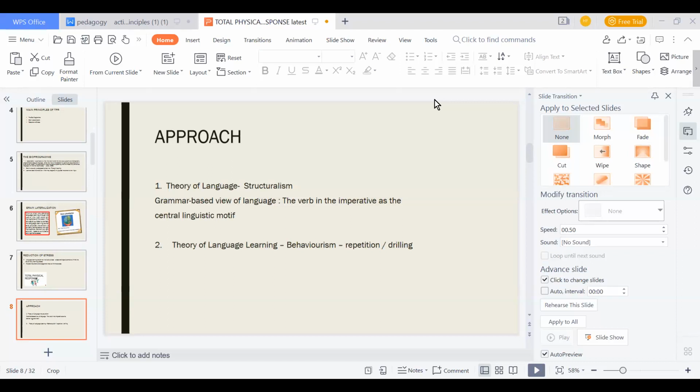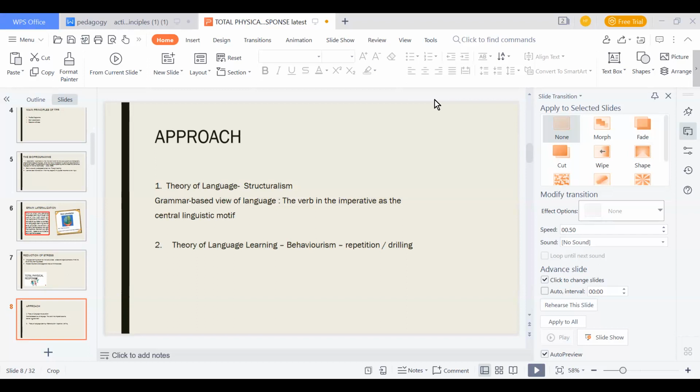So we have to discuss what the theory of language is in this method, and what the theory of language learning is in this method. As we discussed in the audiolingual method, the first scientific method, here also in Total Physical Response we have to know the theory of language and theory of language learning. There's no difference here. It is very similar to ALM, so I don't have to explain it a lot because you know what we discussed in ALM.